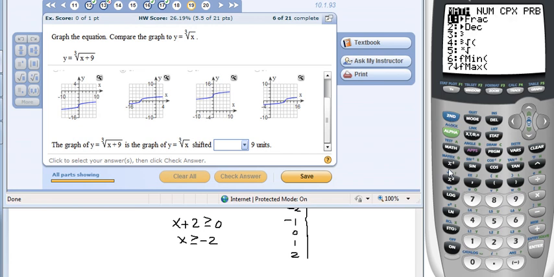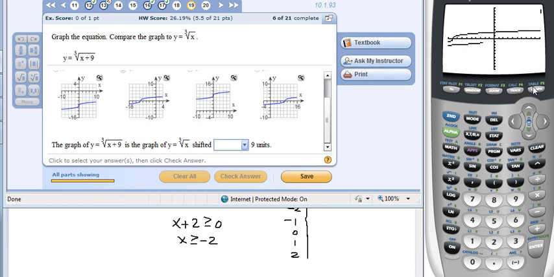Okay, so we want the math key, option number 4, and X. We're trying to see how these have been shifted. When I graph these, this one will always come up first and this one second. This one's already in there, so it might not regraph it. So there's my second one.